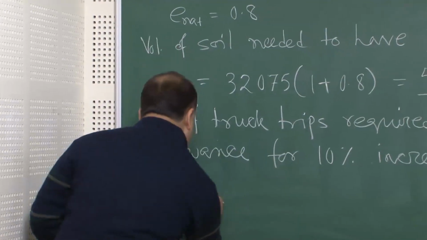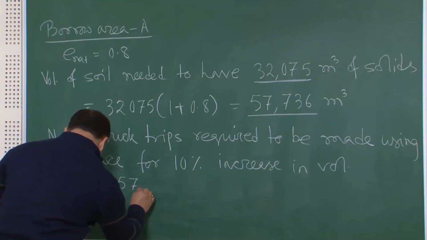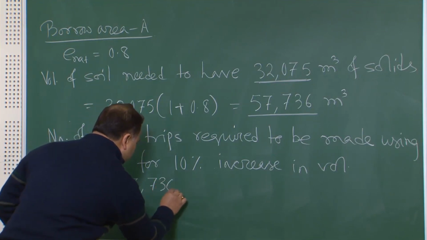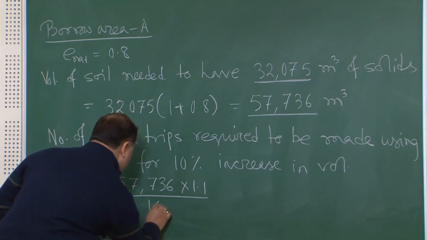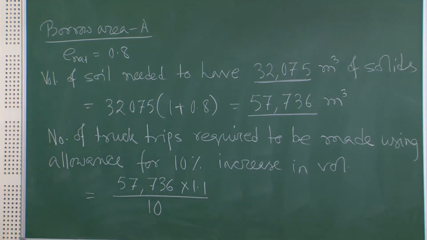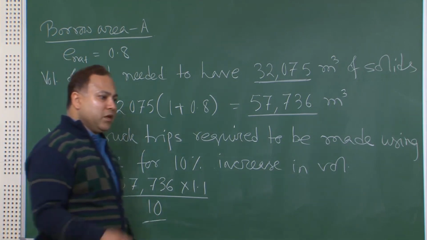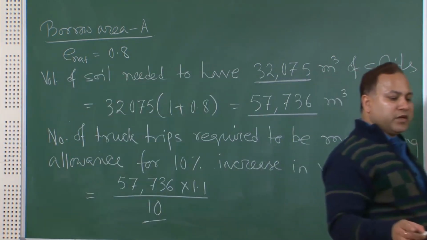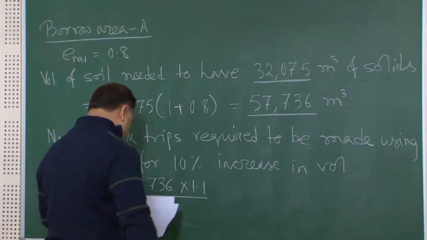So, total volume is required. Why is this 10 coming into the picture? Because it is given in the problem that per truck can carry only 10 cubic meter of soil. Okay. So, this 10 is coming here.